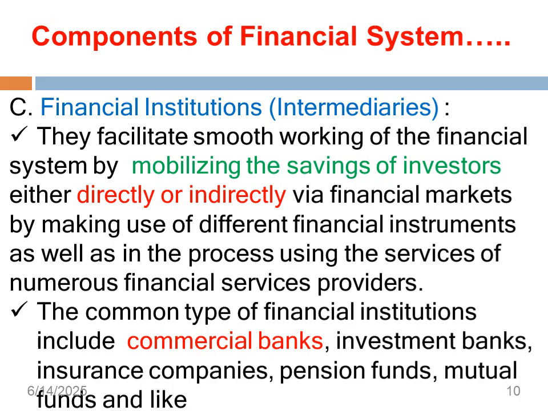They facilitate the smooth working of the financial system by mobilizing the savings of investors either directly or indirectly via the financial market, by making use of different financial instruments, as well as in the process using the services of numerous financial service providers. The common types of financial institutions include commercial banks, investment banks, insurance companies, pension funds, mutual funds, and the like.